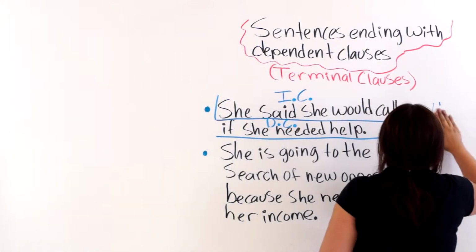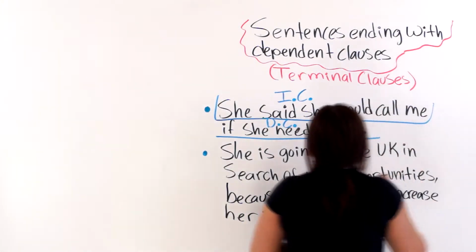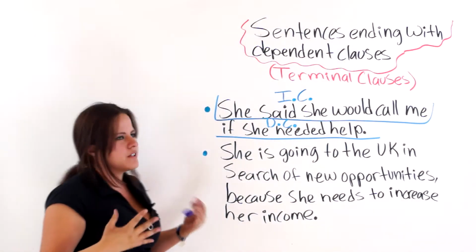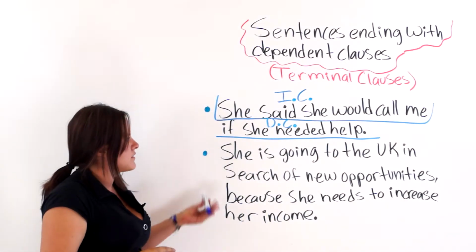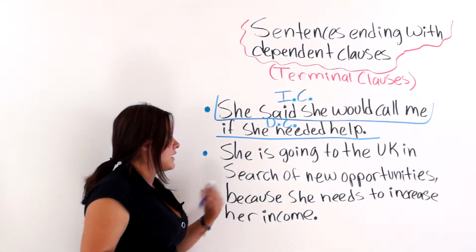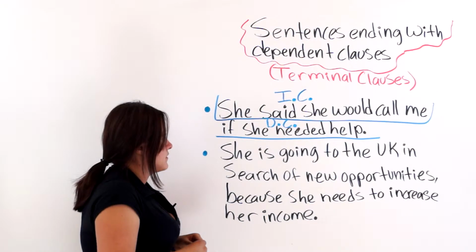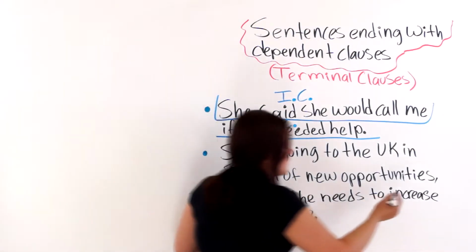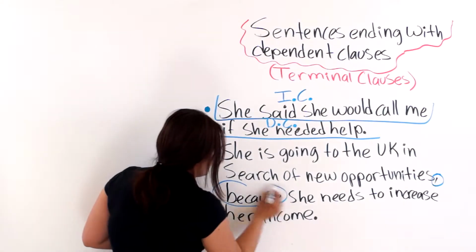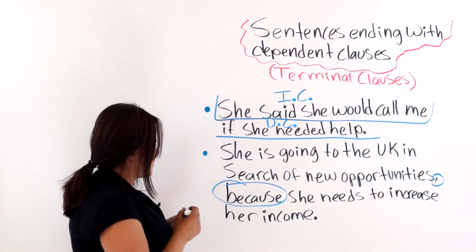So we know that these are complex sentences, and they are punctuated differently according to the structure of the sentence. For example, this one here says, she is going to the UK in search of new opportunities, and then we have a comma and a conjunction, because she needs to increase her income.